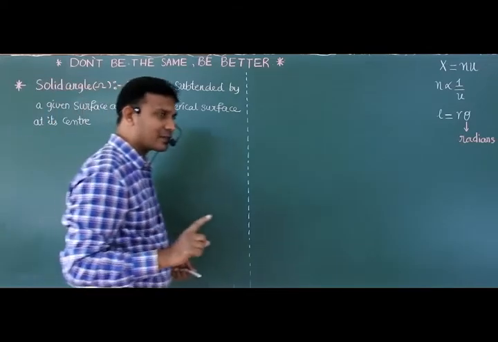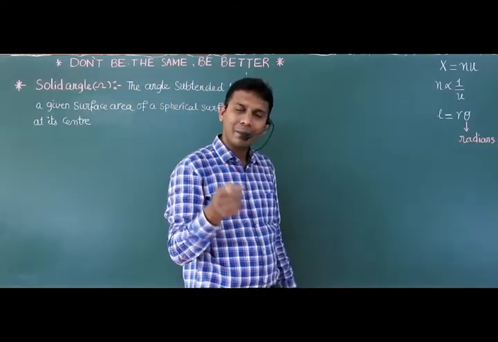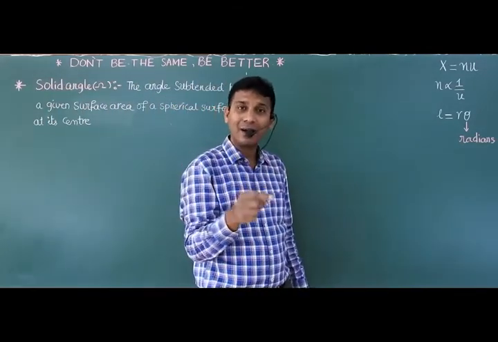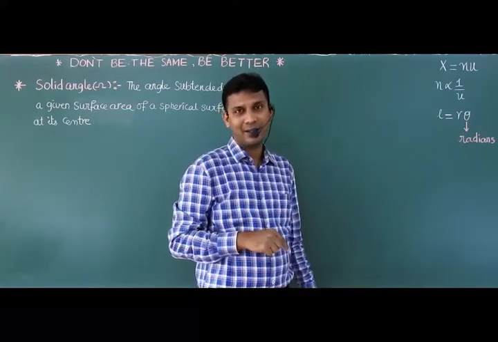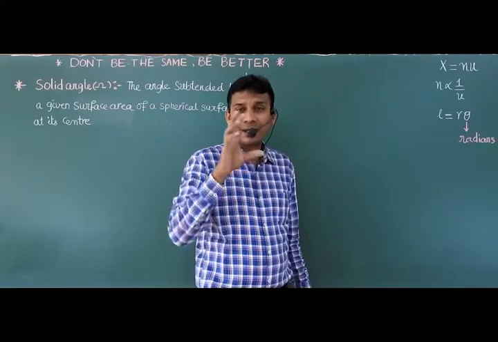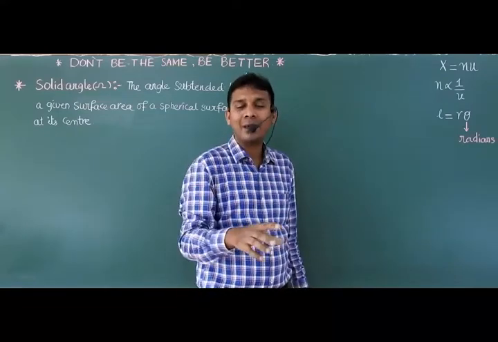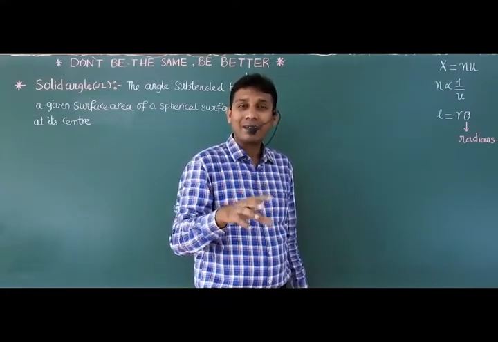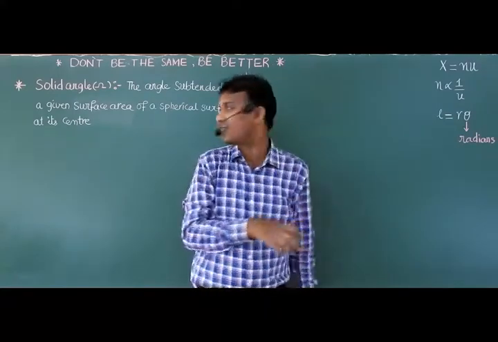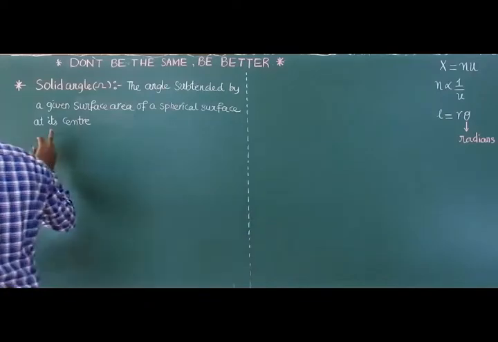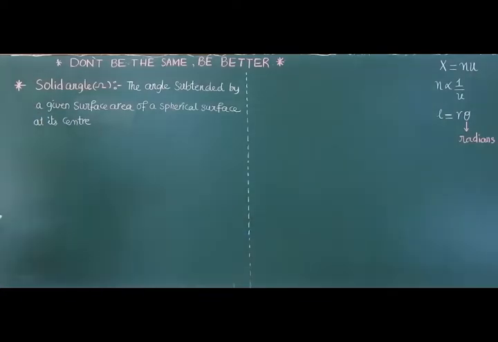Plane angle definition: it is the angle subtended by the length of an arc of a circle at its center. Solid angle is nothing but the angle subtended by the surface area of a spherical surface at its center.